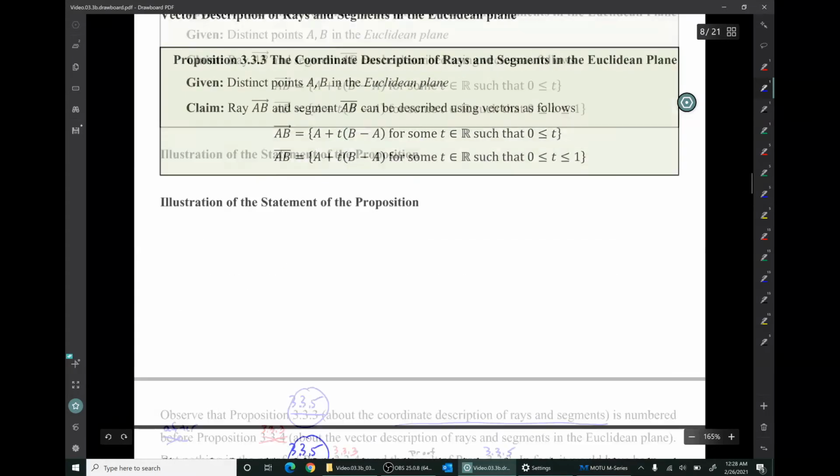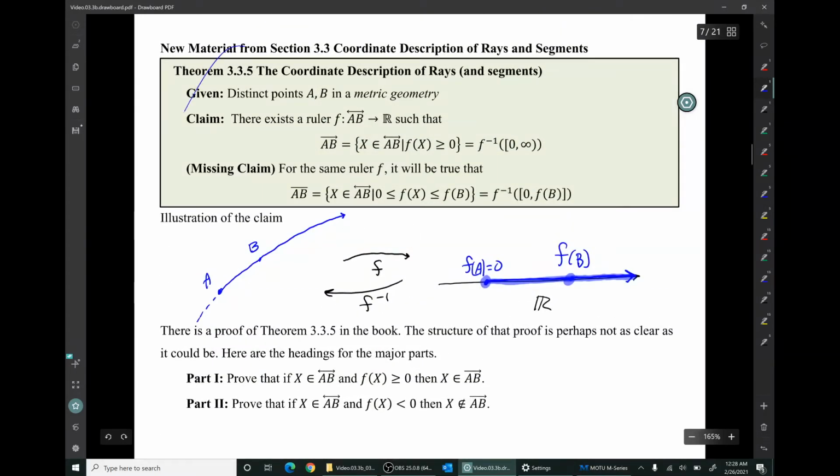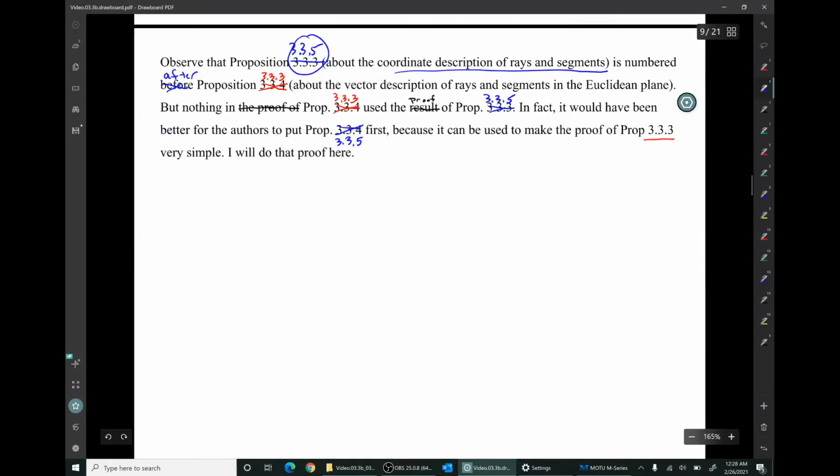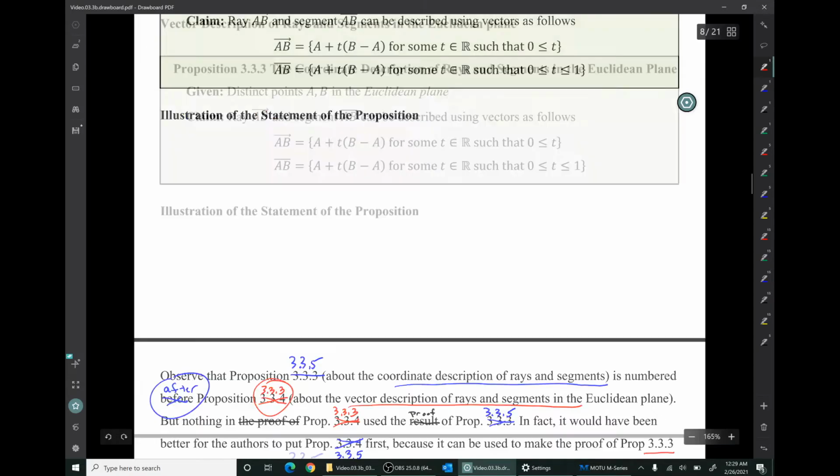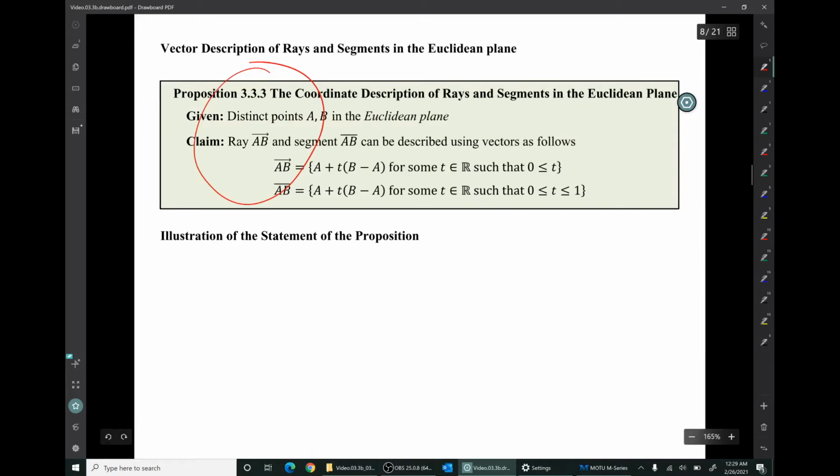Let's go up and look at that. That's this proposition. Notice that that proposition is numbered after proposition 3.3.3 about the vector description of rays and segments in the Euclidean plane. That's the thing that I want to discuss now.